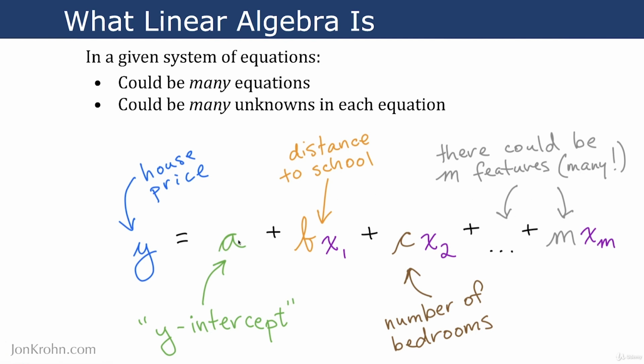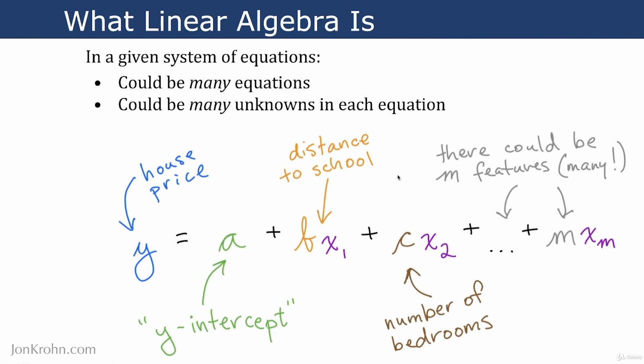We also have to have a y-intercept here. So this is one last variable that allows us, across all of the house prices that we have, to have an average house price. And without this y-intercept, without that kind of average baseline, before we start factoring in the other features, it becomes much more difficult to fit a good model.